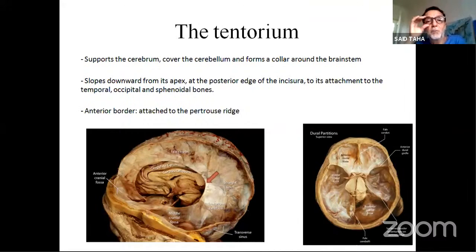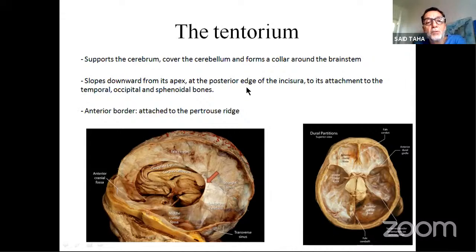So we start with the base. The tentorium supports the cerebellum and forms a collar around the brainstem.